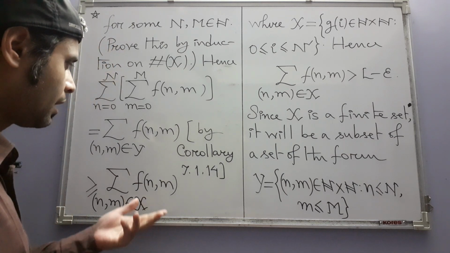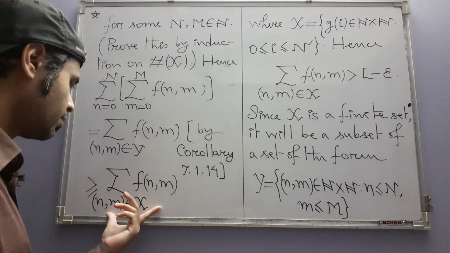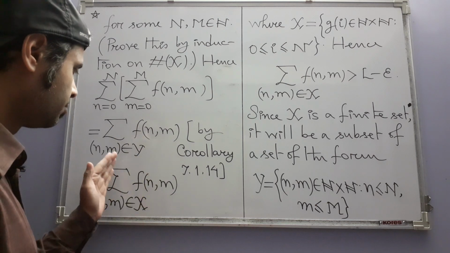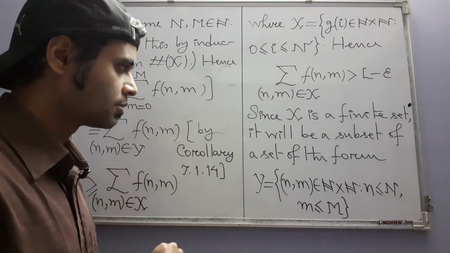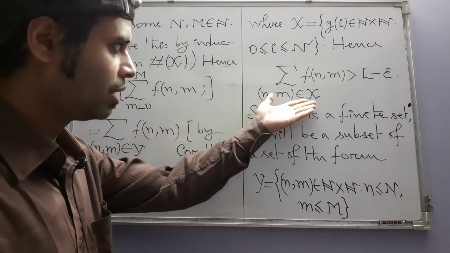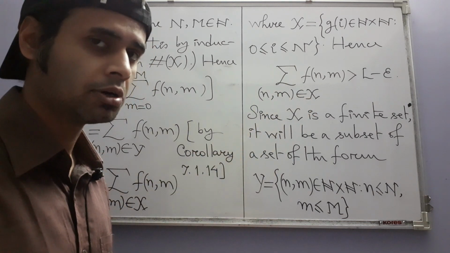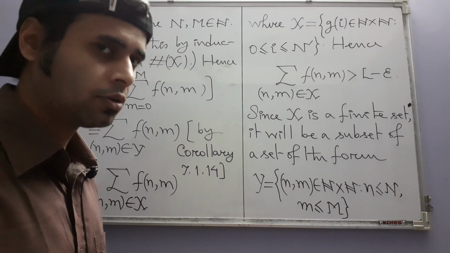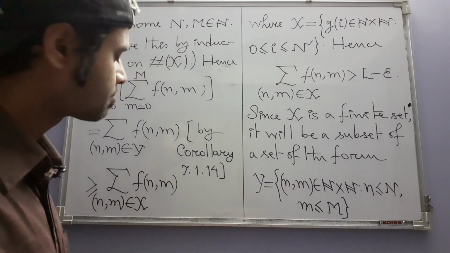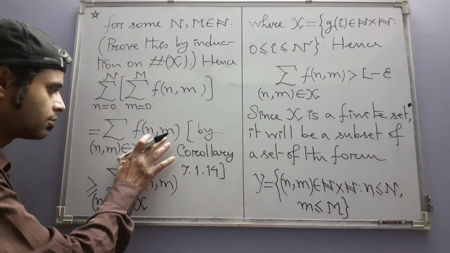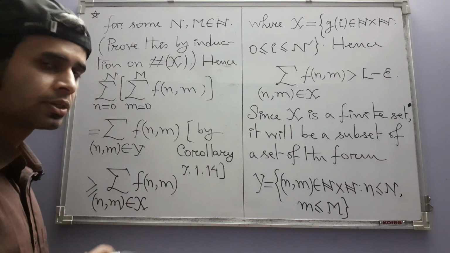Or if you go in the other direction, in going from this sum to this sum, you are possibly including some terms. I say possibly because it may happen that x is actually equal to y, or x may be a proper subset of y. If x is a proper subset of y, then in going from this one to this one, you are actually adding some extra terms.